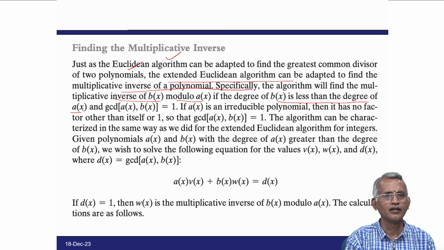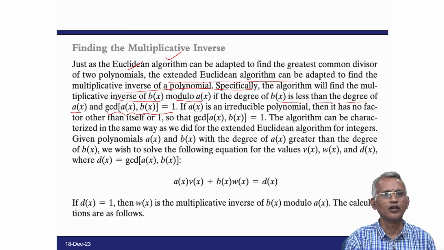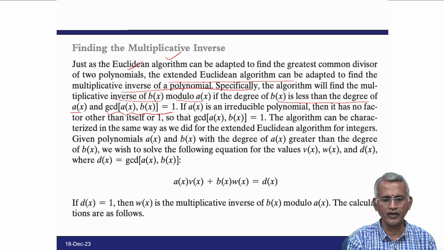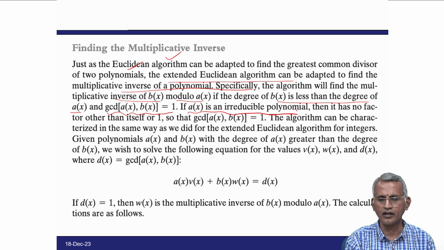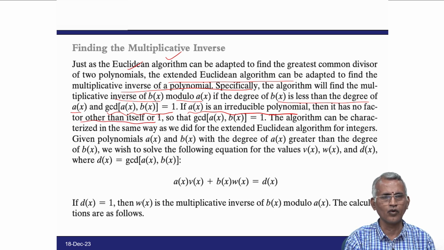And check it out, the greatest common divisor of these two polynomial functions is equal to 1. Then a of x is an irreducible polynomial; it has no factor other than itself or 1. So, the GCD of a of x comma b of x is equal to 1.